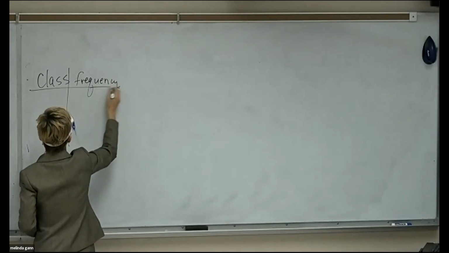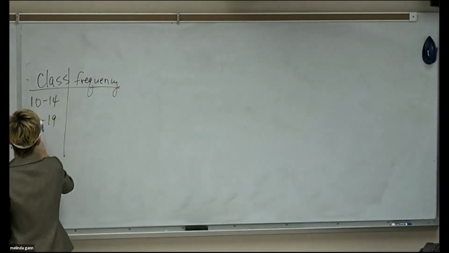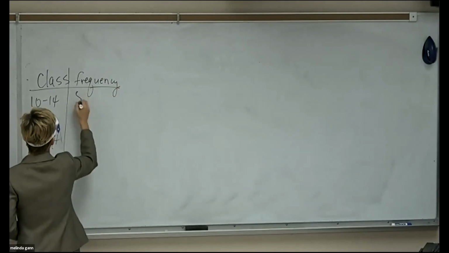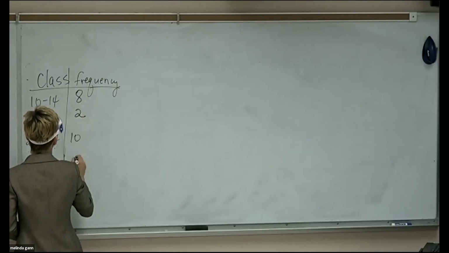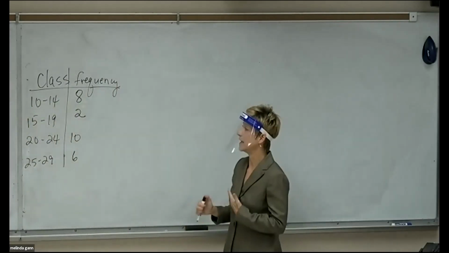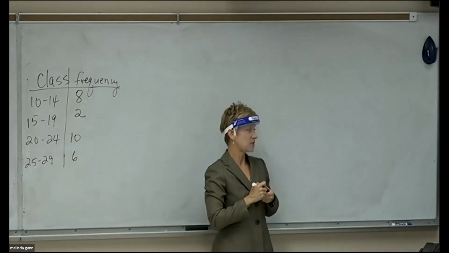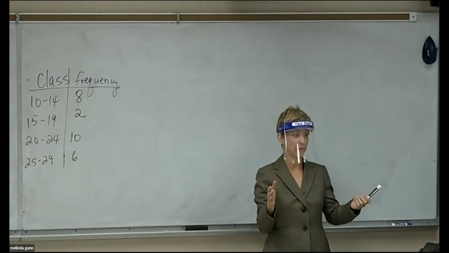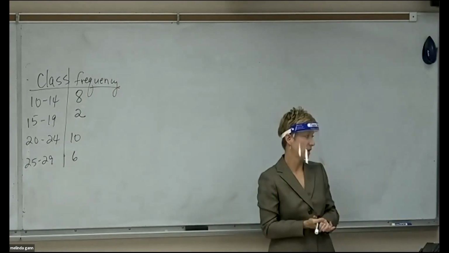Let's do something simple. And the directions say draw a histogram. As soon as it says draw a histogram, what two words pop in your head? Bar graph. I'm going to say that over and over. You're going to hear it yourself.